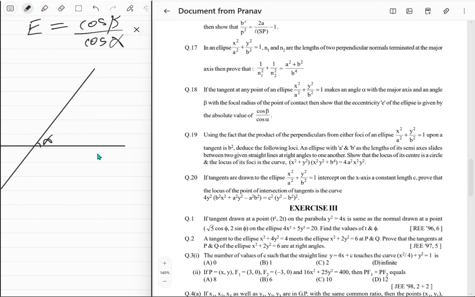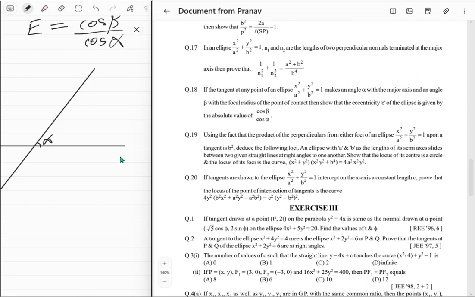Anyway, a and b are constant, right? That's supposed to be important, at least. Like the length from here and the length from here. The sum of these two lengths, wherever the point of contact is, we don't know, is actually the same.